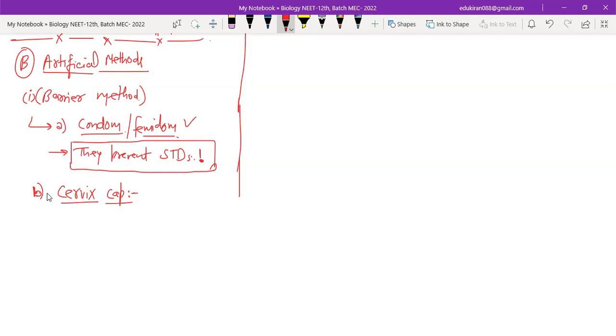And if you place a cap at the cervix, you are just not allowing the sperms to pass through that region, to go into the uterus and then to go towards the fallopian tube and fertilize. So here, fertilization will be prevented, but still the semen and the sperm is there in the female tract, right? Till the vagina. So STDs can still spread, correct?